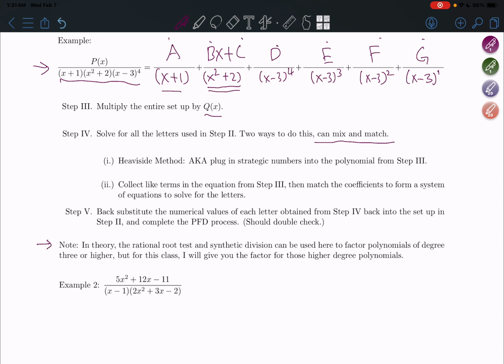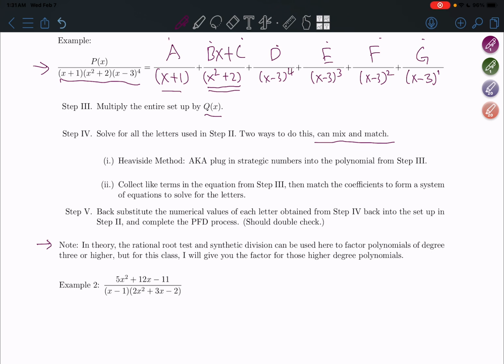So if I give you a degree 3 polynomial, you should, in theory, know how to factor it without me giving you the factor. But I'm not going to do that to you all. You should review it for your own sake, I guess. But I know for sure we teach that in Math 111, which is a prerequisite for Math 122 anyways.